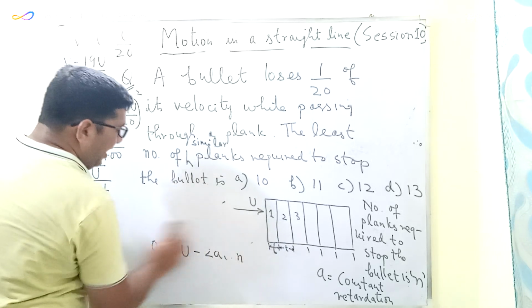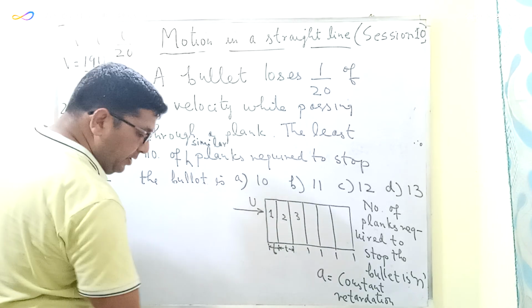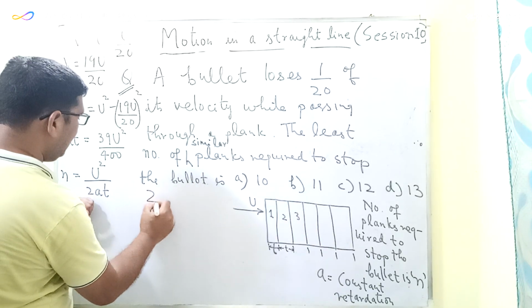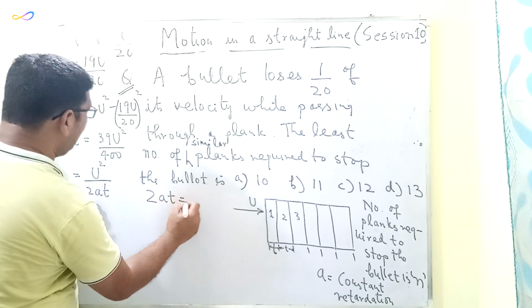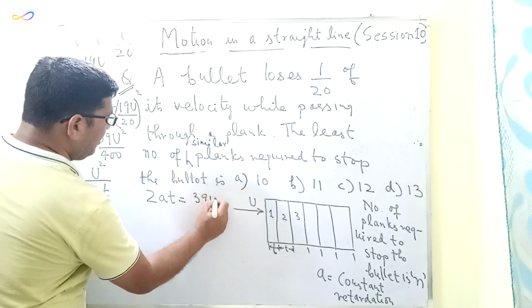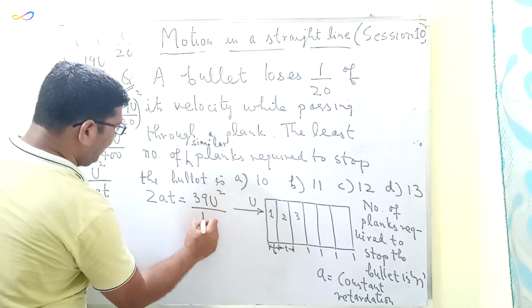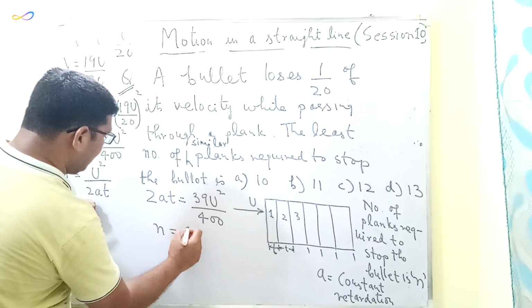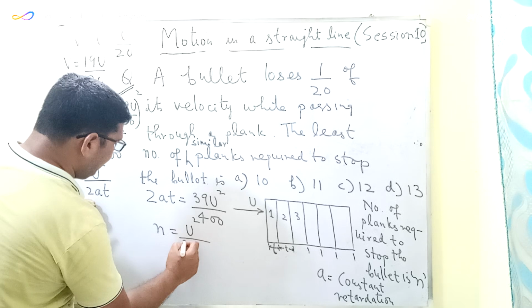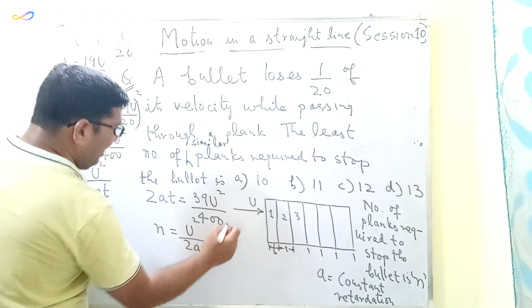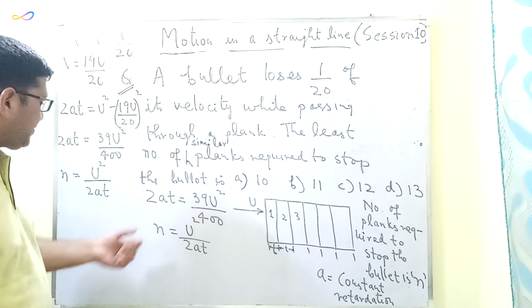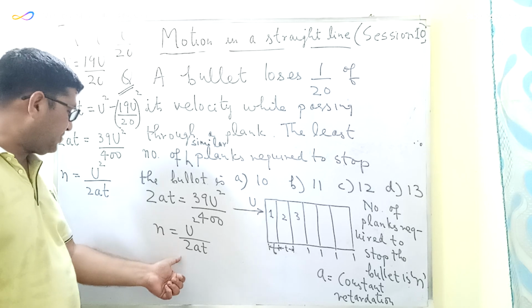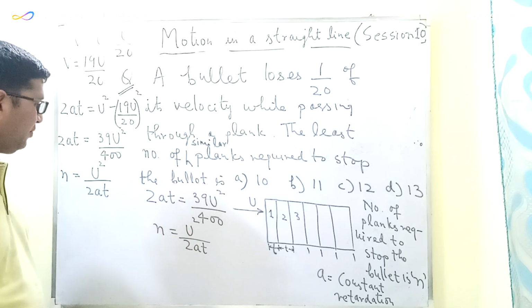Finally, I have got two equations: 2at is equal to 39u square divided by 400, and the second equation is n is equal to u square divided by 2at. I will be substituting this value of 2at in the equation n is equal to u square divided by 2at.